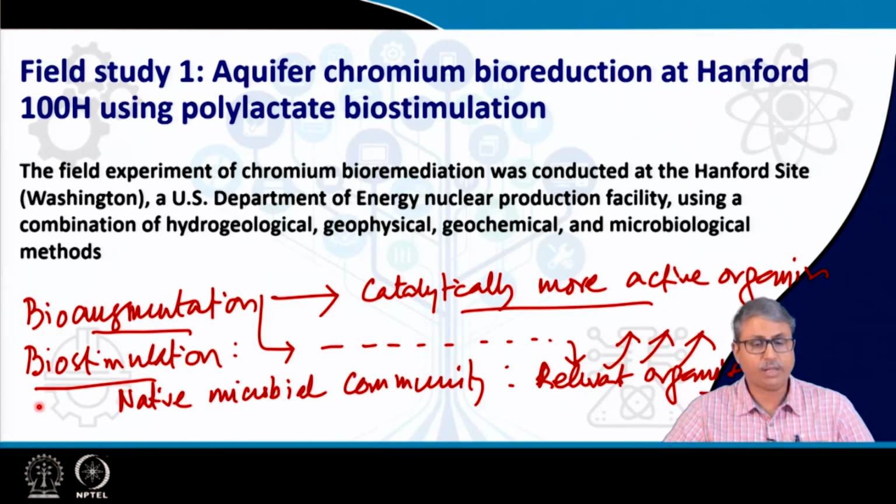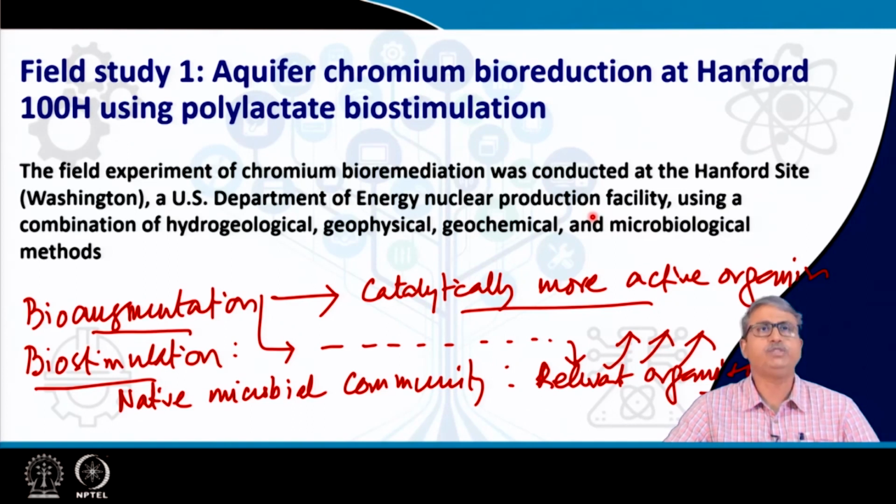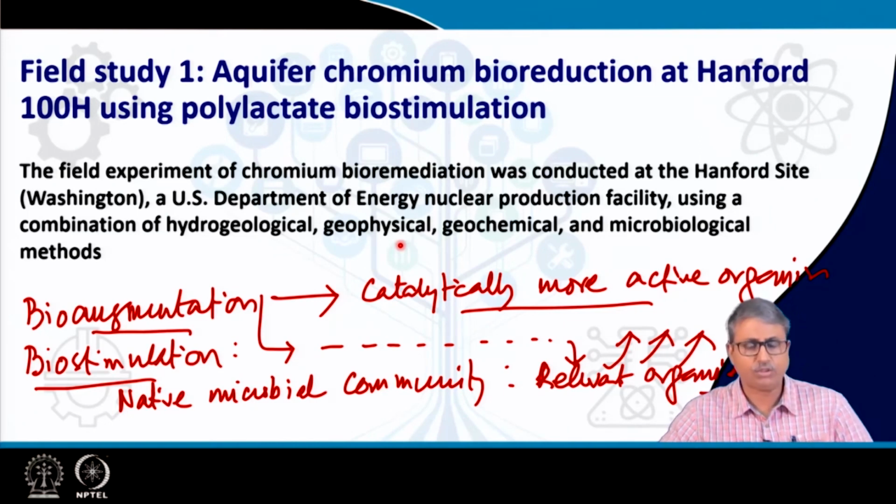Basically these were all targeted at the different US DOE nuclear production facilities, using a combination of hydrogeological, geophysical, geochemical and microbiological methods. A large group of scientists were engaged to survey a large number of sites, although we are going to talk about only one particular site in this case study, the Hanford site.